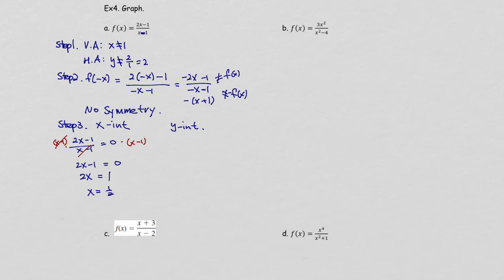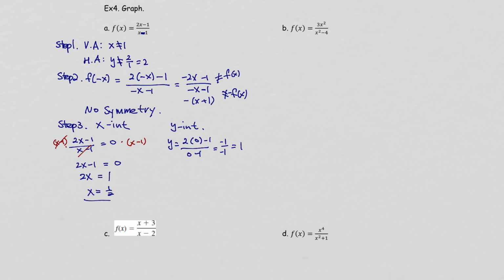And then the other one, the y-intercept, is letting x equal 0. So it will be 2 times 0 minus 1 over 0 minus 1. That will be negative 1 over negative 1, which will be positive 1.